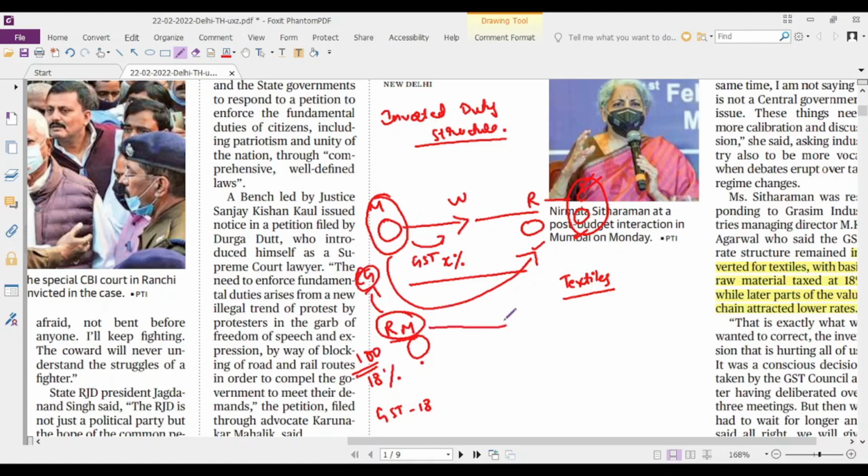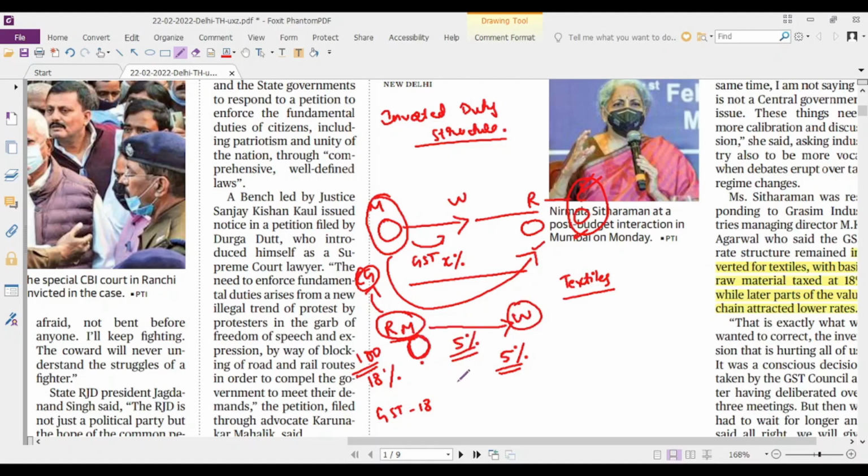But on textiles with a sale price of less than 1000 rupees, the GST is just 5%. So when the textile mill produces a shirt and sells it to the wholesaler, they will just charge 5% on the sale price.